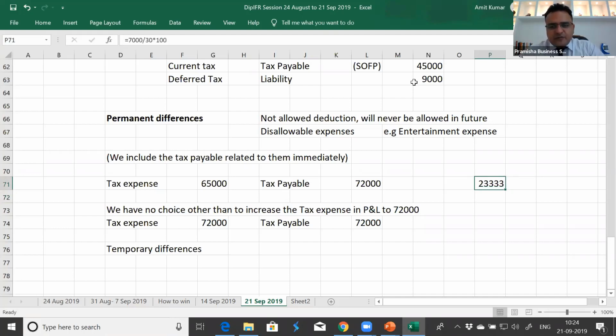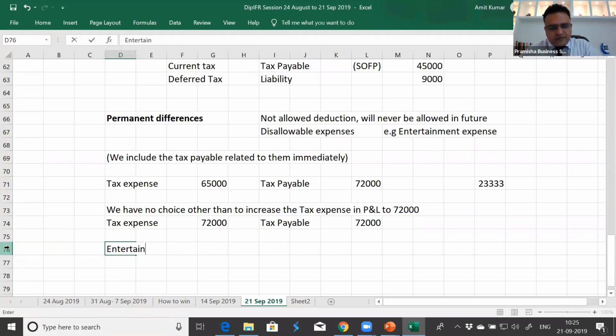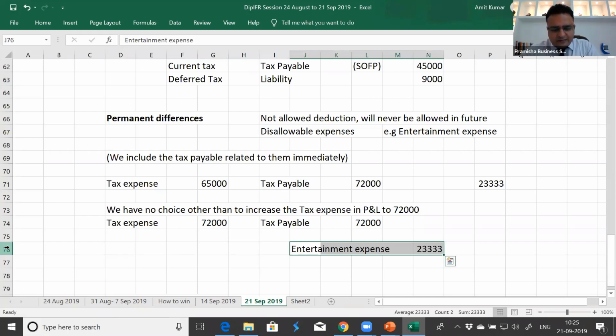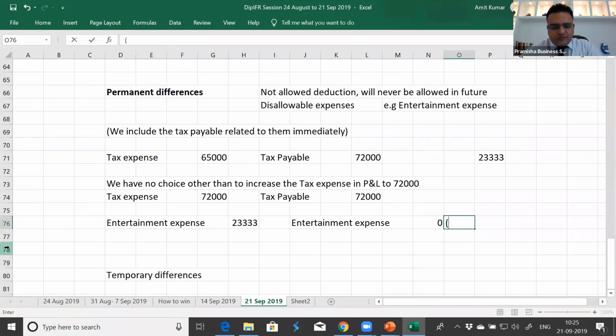Suppose there was an entertainment expense of 23,333. The same entertainment expense we included as part of our tax computation, and they said that no, we will not allow any expense to be included as part of your computation. Zero. They said zero entertainment expense, disallowable. We will not allow this expense to be deducted from your income.